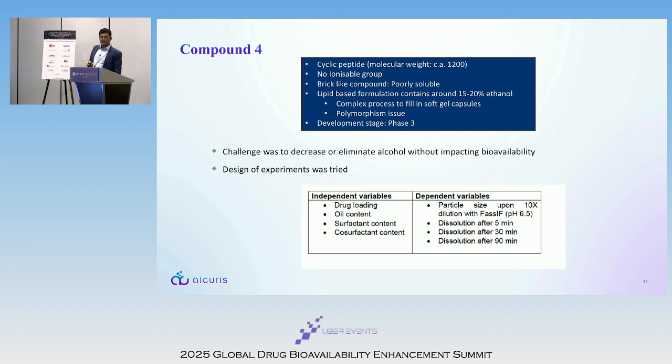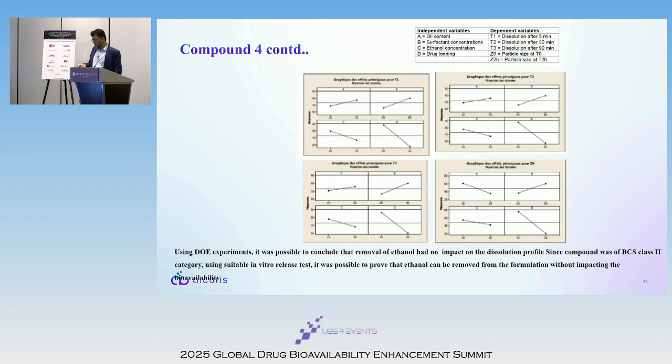So what we did, we ran some design of experiment studies. The typical variables we studied were drug loading, oil content, surfactant content, and co-surfactant content, and what we checked as effects were the particle size upon tenfold dilution in FaSSIF and the dissolution data. We tried to understand what impact it has if we change the different factors listed here.